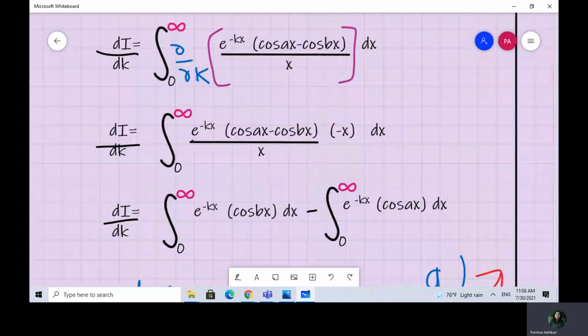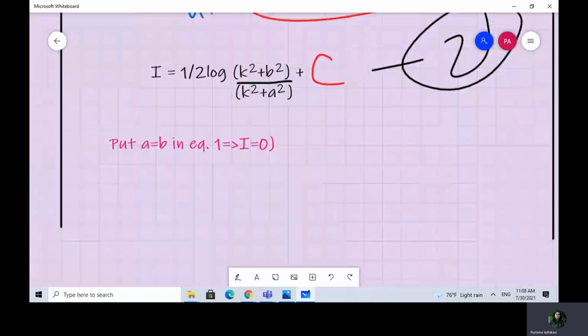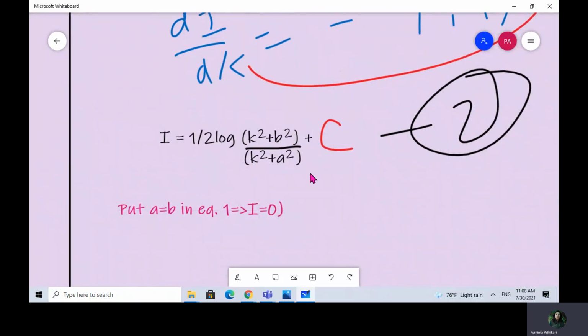When a equals b, I becomes I0. Taking k equals to infinity also works, but you have to apply a limit: divide by infinity, take k square common, and you will get 1 plus 0, which is again log 1, so you get 0.